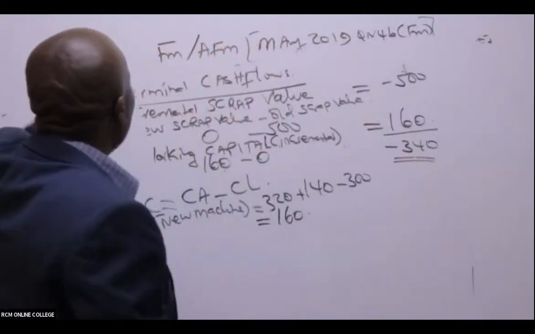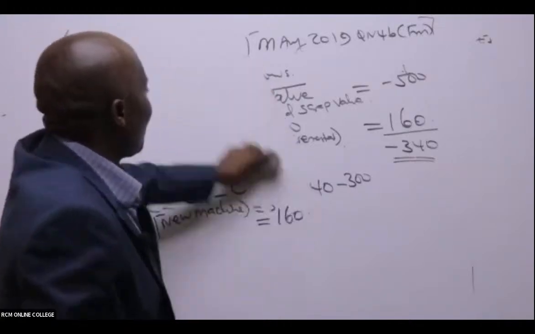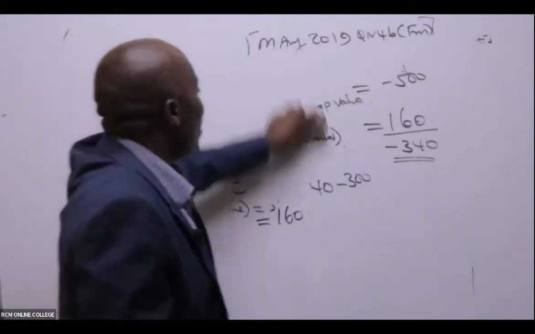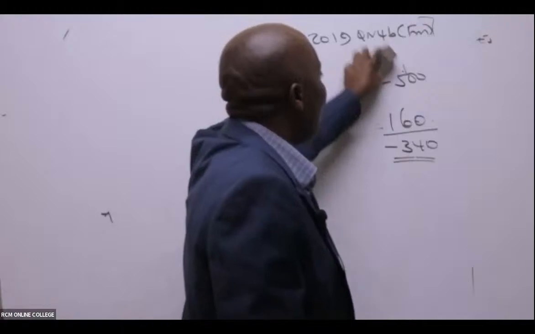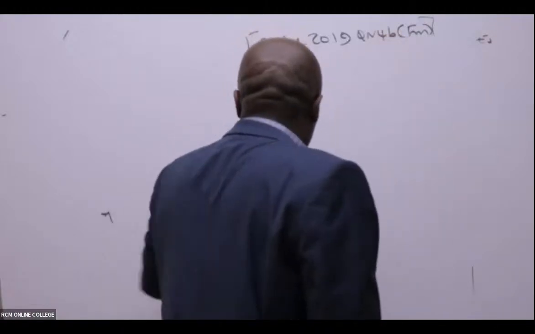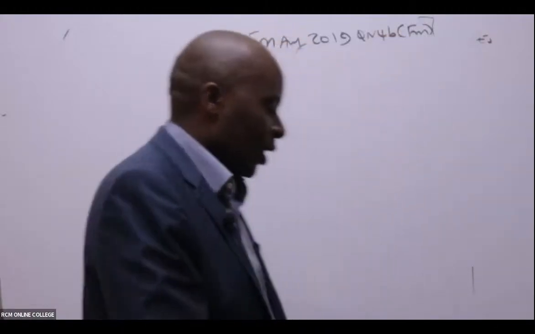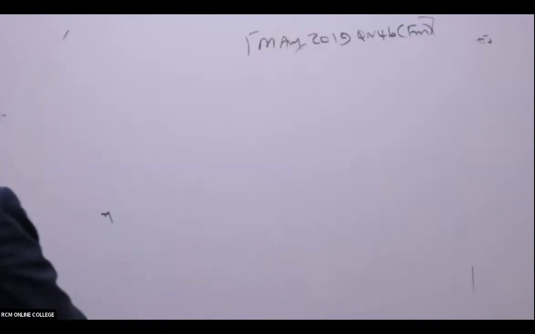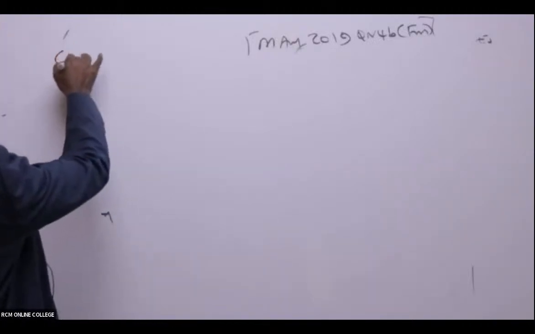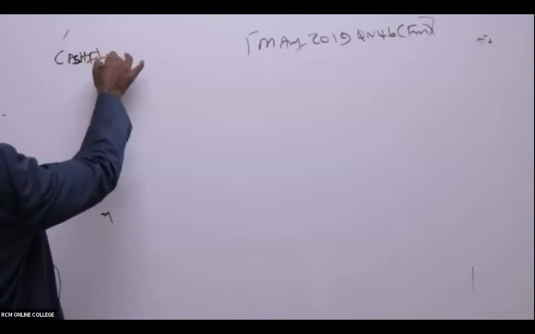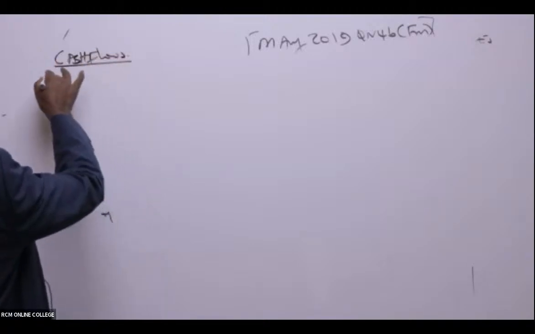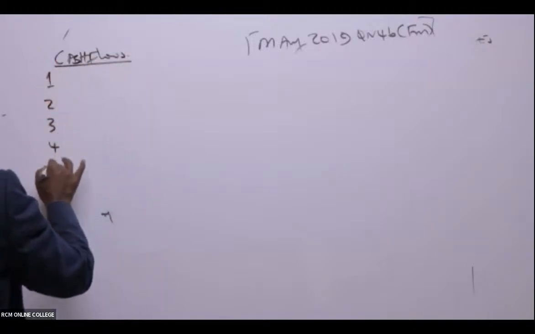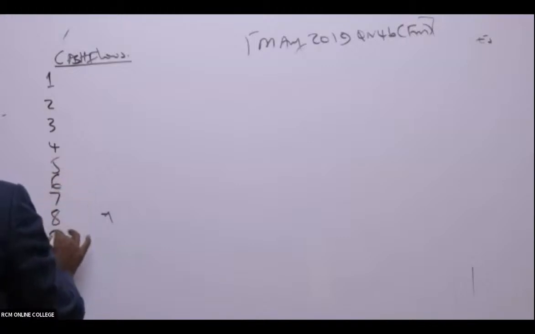Then from there, we shall go to the next working, which now is the working of operational cash flows. Give me the cash flows here. So the cash flows, I can see here, we have 10 years: 1, 2, 3, 4, 5, 6, 7, 8, 9, 10.